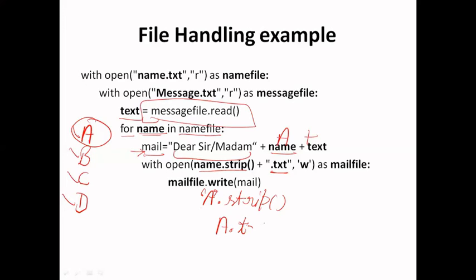The objective here is to create a file having the name a.txt, and we have opened this file in write mode. That means this file will be created with the name a.txt. And here we have written mail file dot write mail. That means we want to write this string, which has dear sir or madam, the name of the person that is A, and then the message. This string will be written inside this file.